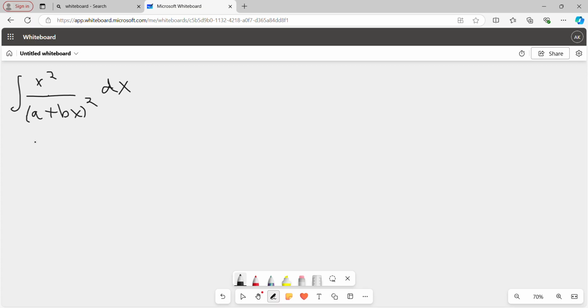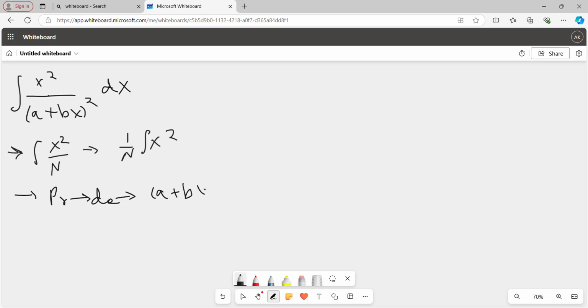Okay, so let's try solving this problem step by step. As you can see, if the denominator were only n, we would have just written it as 1 by n integral of x squared. So what's the problem here? The problem is the denominator, the a plus bx whole square that's troubling me.